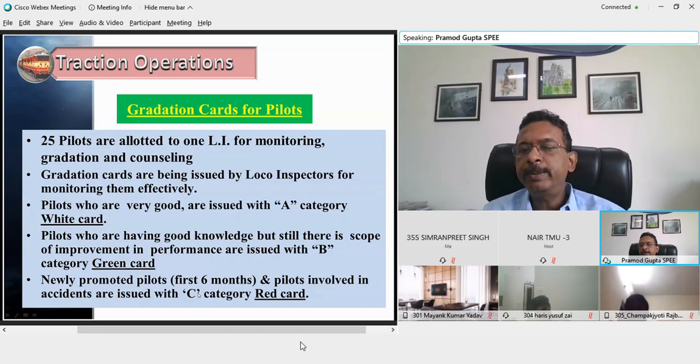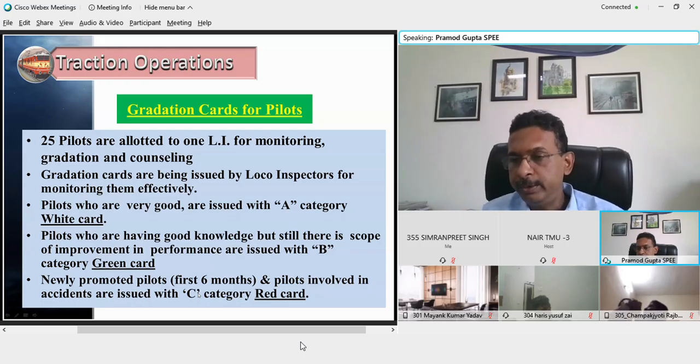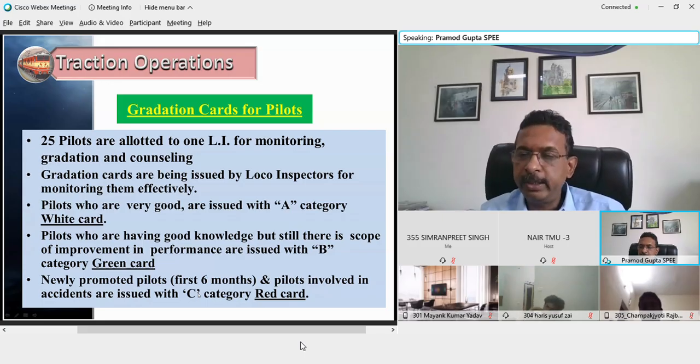And the loco inspector, as I have told earlier, is one of the respected lot. Not many people get the chance to become loco inspector, and not many people get the chance to become Rajdhani and Shatabdi loco pilots. So once this opportunity is available to a person, he will not like to lose that opportunity for the rest of his career.